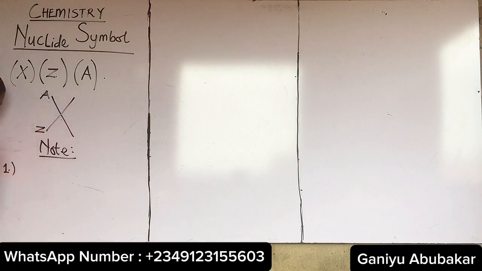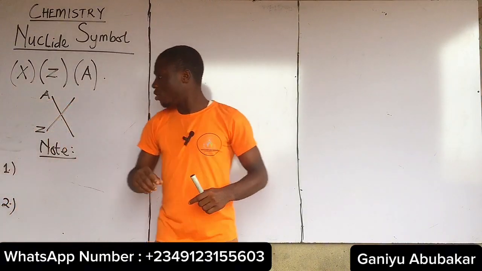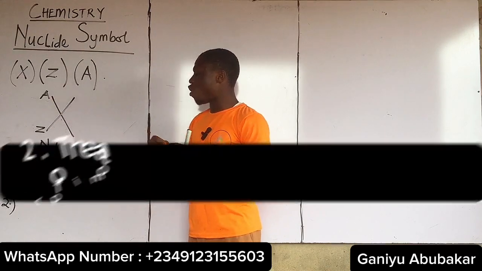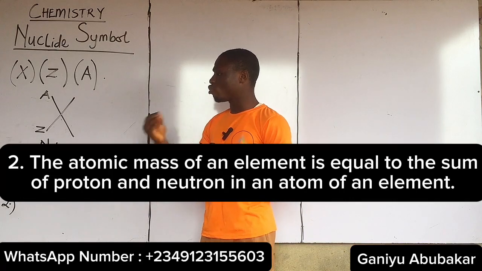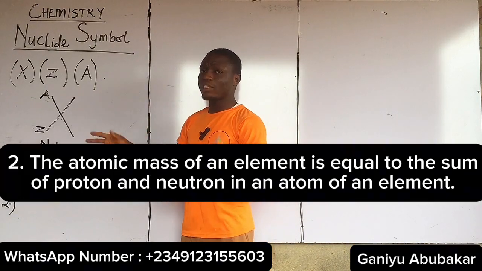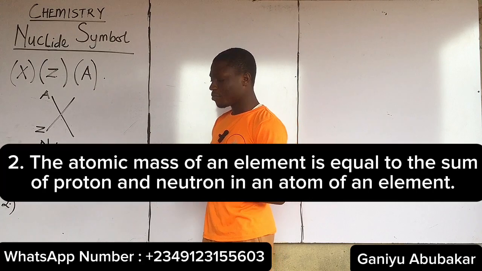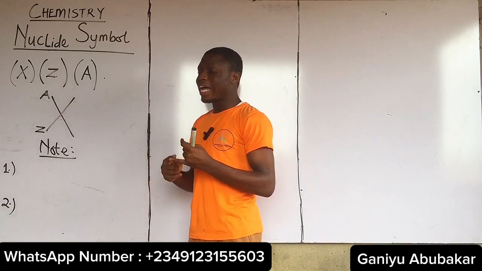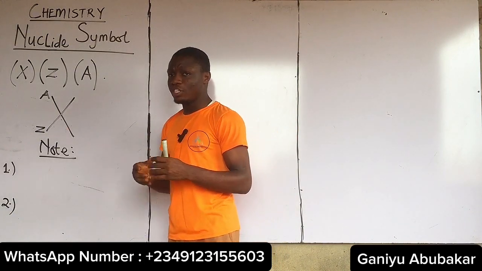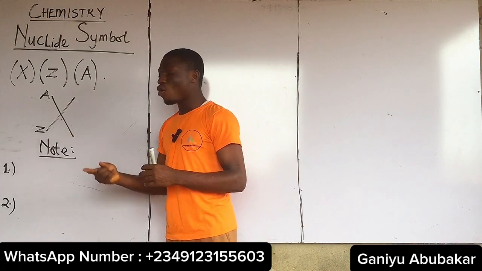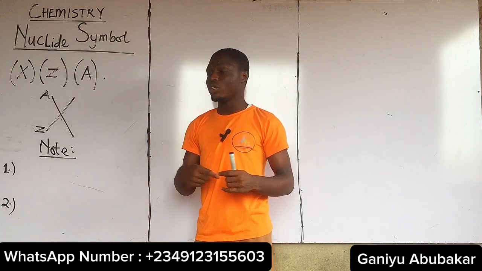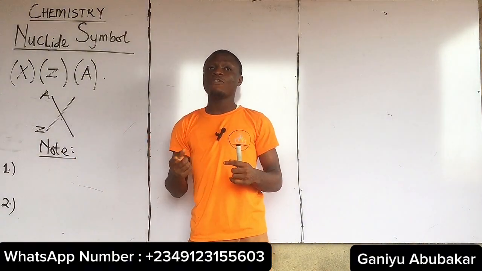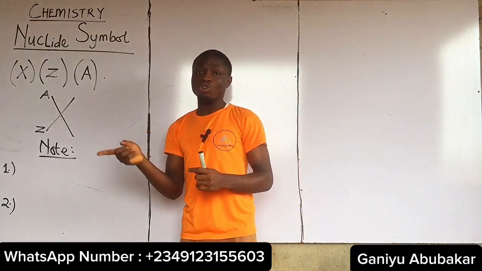Note number two, the atomic mass of an element is equal to the sum of proton and neutron in an atom of an element, proton before neutron or neutron before proton.